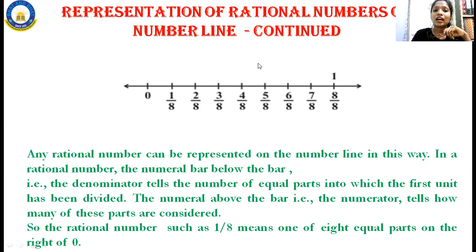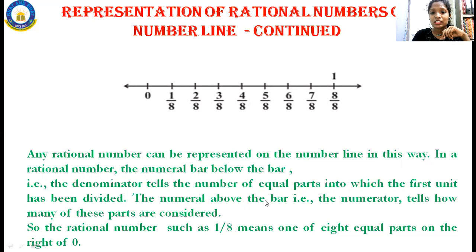So in rational numbers, the number below the bar, the denominator, tells the number of equal parts into which the first unit has to be divided. That means for 1 by 8, the denominator tells you how many parts we have to divide the number line into.